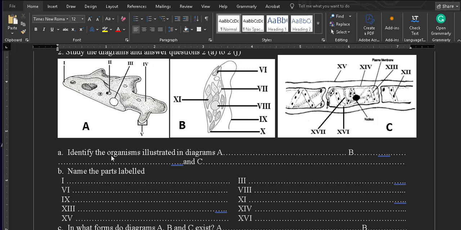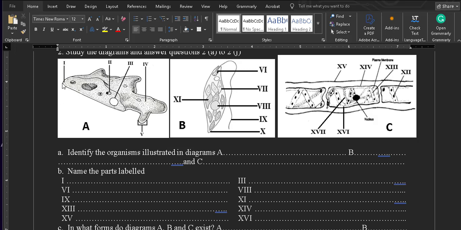Okay, then we have to name the parts labeled. So lots of parts have been labeled here. We have been asked to name some of them, if not all. So we have I, and so on. So for I, on A, it's a little challenging to see exactly what we have here, but it's like one part of the cytoplasm, which is the ectoplasm of the amoeba, right?